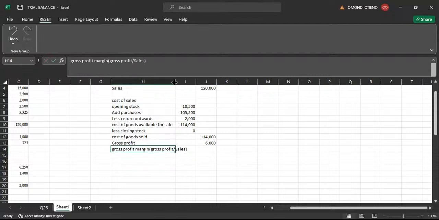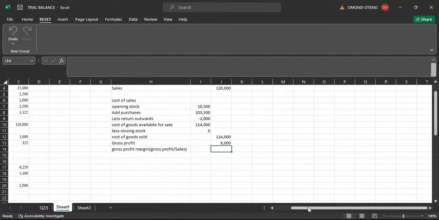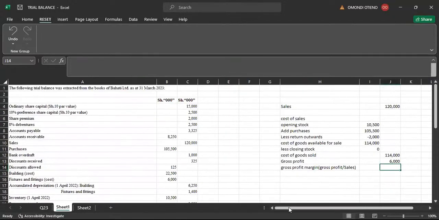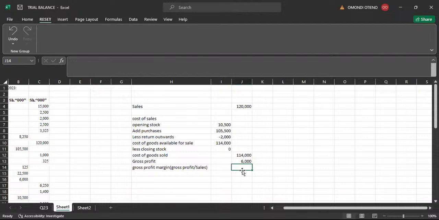So gross profit margin is equivalent to, what are they telling us here? Gross profit margin is equivalent to 20%.